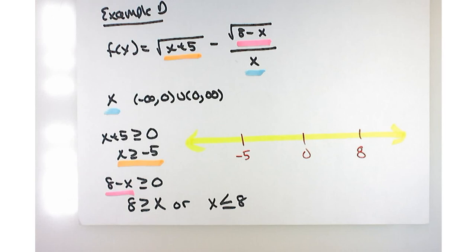Try and draw the graph for each of these and see where these things overlap. Try and figure out what the domain is. If you're watching this at home sometime in the future, then pause the video and see if you can figure this out yourself.